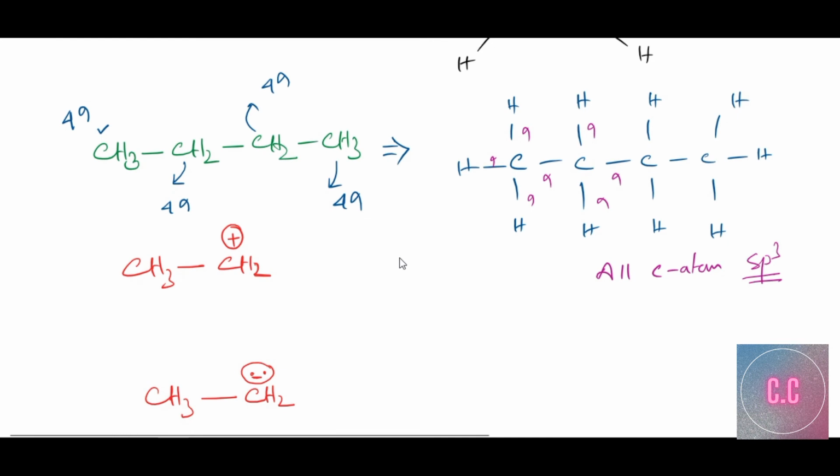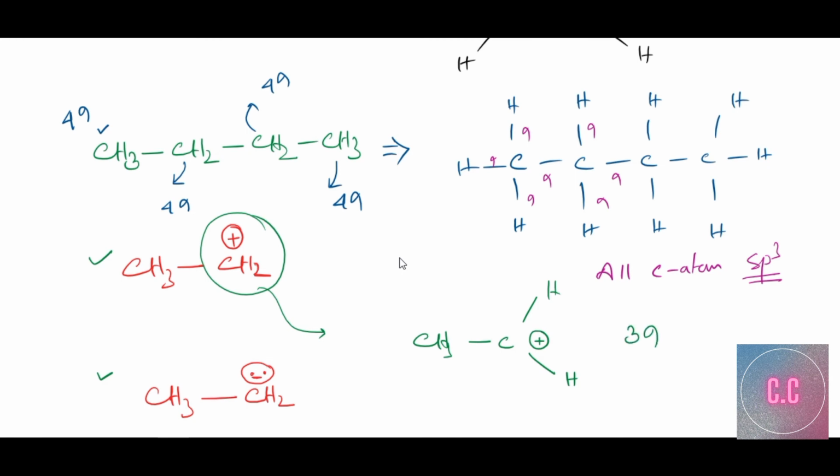Now, there is great confusion whenever I talk about carbocation and carbanion. For carbocation, if we take this carbon CH3, bond C, bond H, and another H, this is the positive charge, that means carbocation. Here you can see 3 sigma bonds, 1 sigma, second sigma, third sigma, that means carbocation is sp2 hybridized.